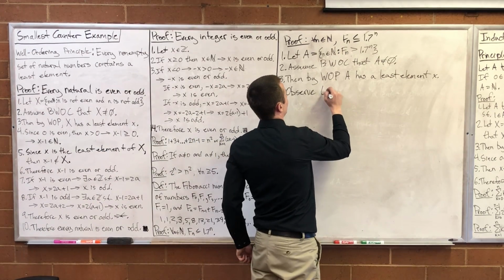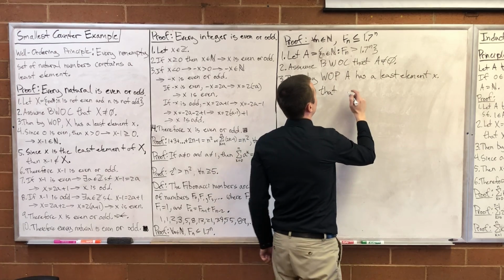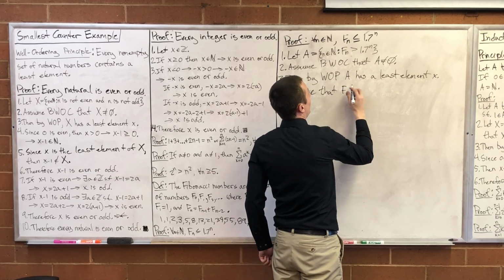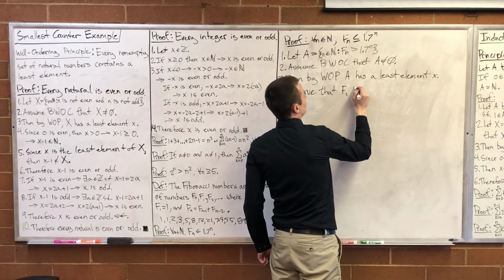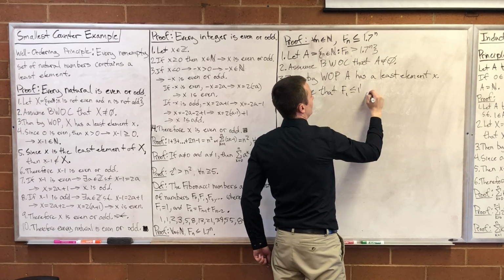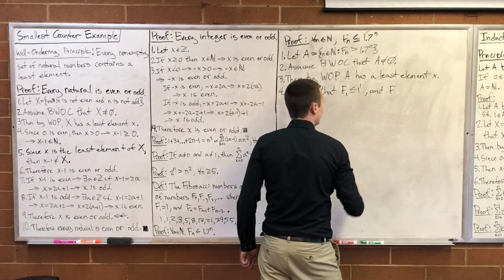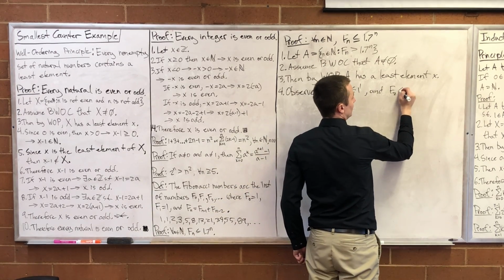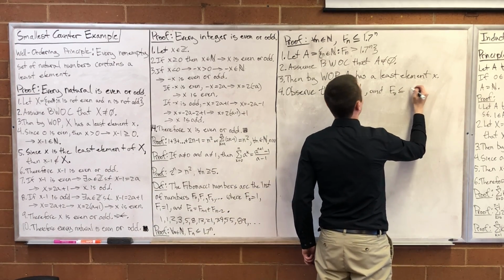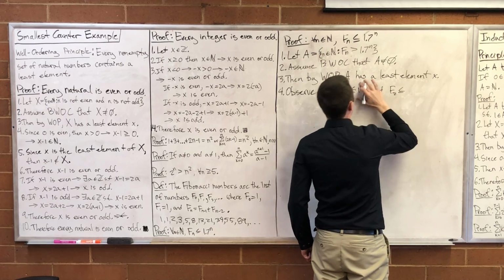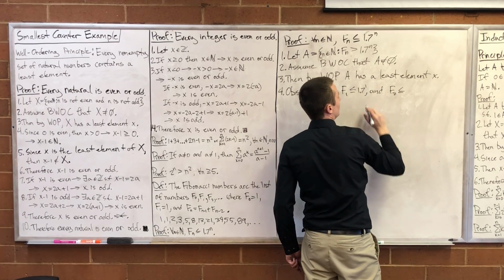So observe that f sub 1 is less than or equal to 1.7 to the 1, and f sub 2 is less than or equal to 1.7 squared.